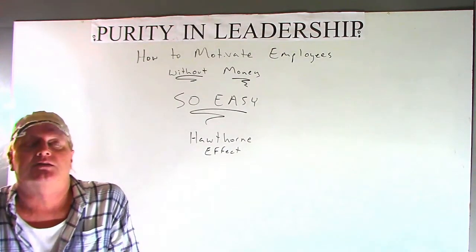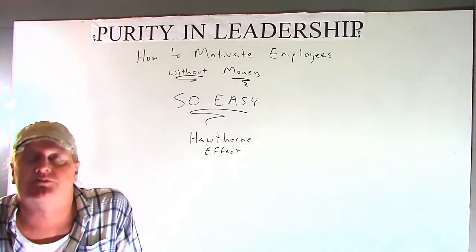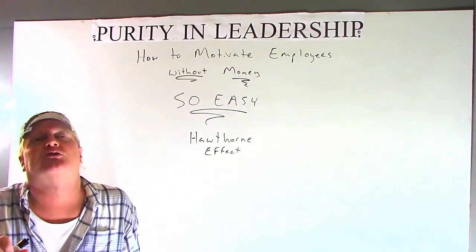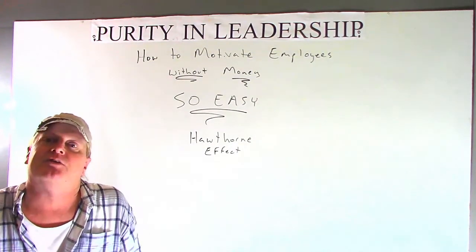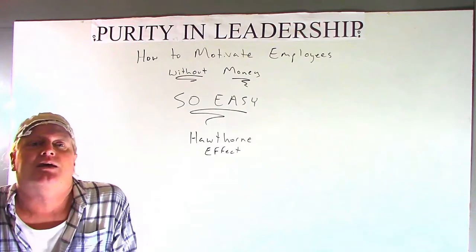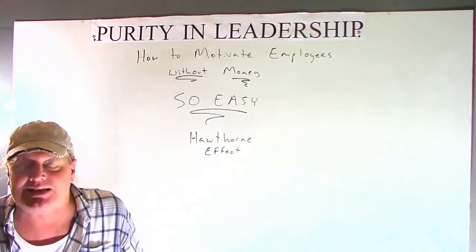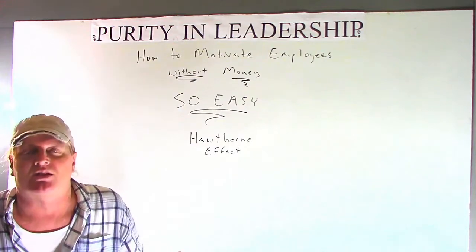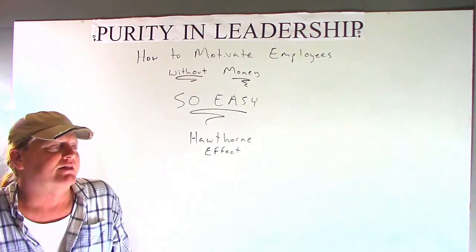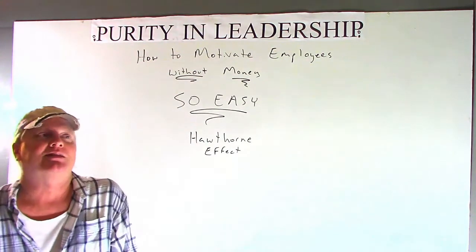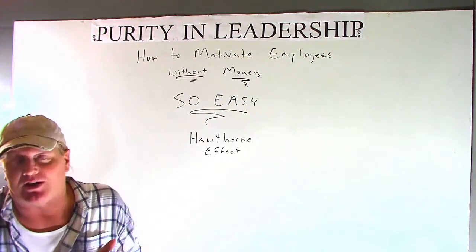And the ladies said, please give us more light. So they turned up the lights a little bit, and then they checked productivity. How much are they getting done? What's the quality of the work? And things like that. Well, the productivity went up.